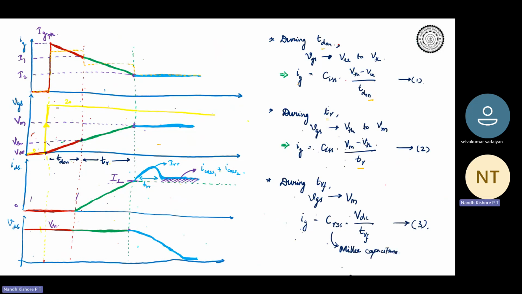That is why the voltage fall interval is also known as Miller interval. The gate voltage during this period is called Miller voltage, VM. Just note that the capacitances are different. It's not always the CGS or CISS capacitance. During voltage fall, it is CRSS.